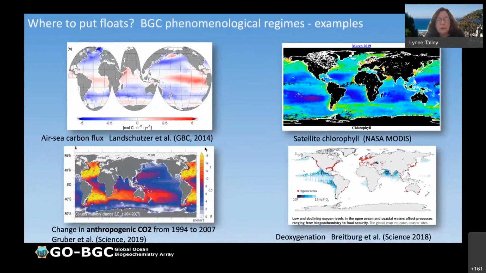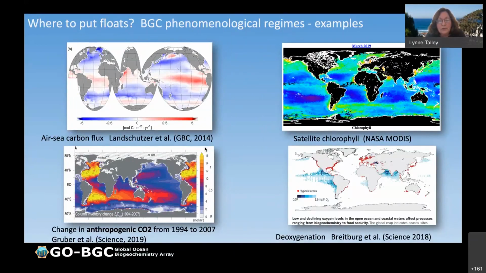First of all, we want to look at what do we want to measure. For BGC Argo, we want to look at the phenomenology. Basically, what are we trying to characterize? These are just examples, but they're important ones, showing air-sea carbon flux, showing where carbon might be changing in the ocean and the anthropogenic carbon at the bottom there.